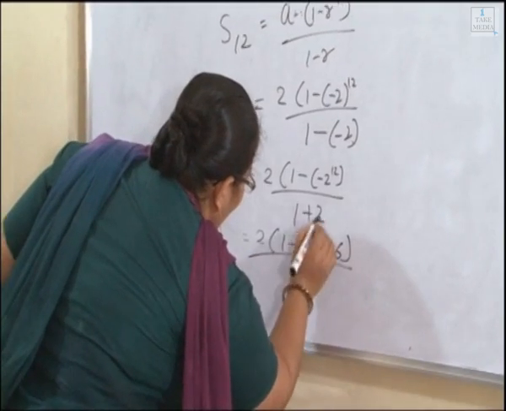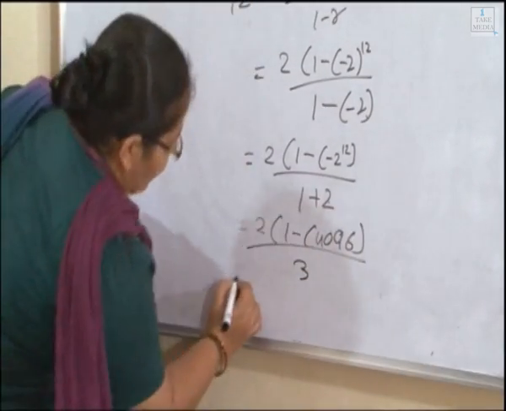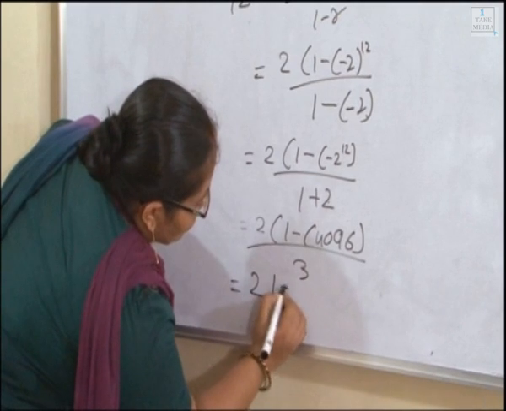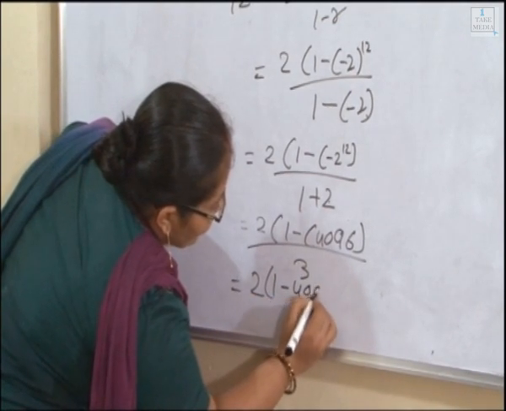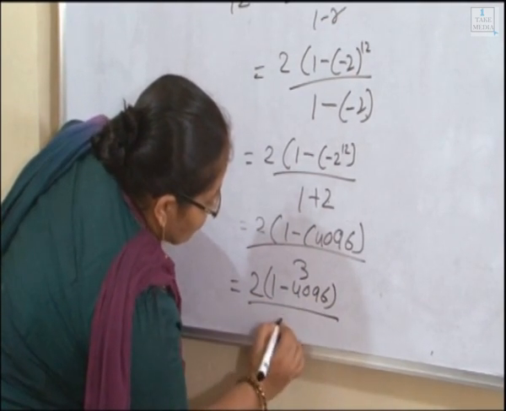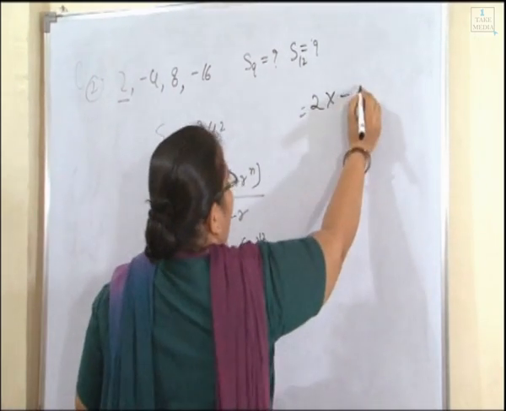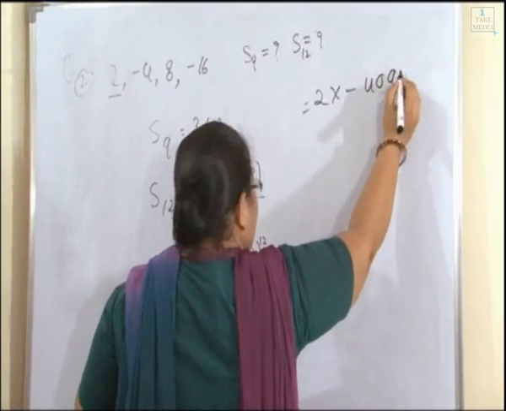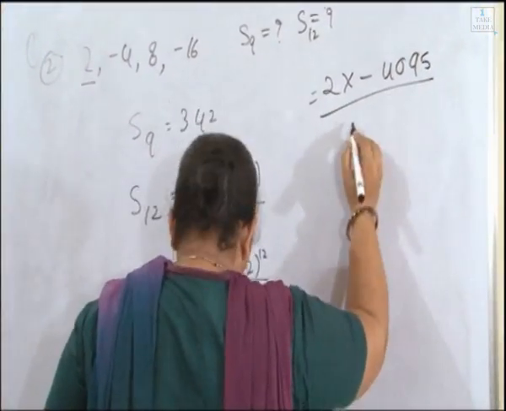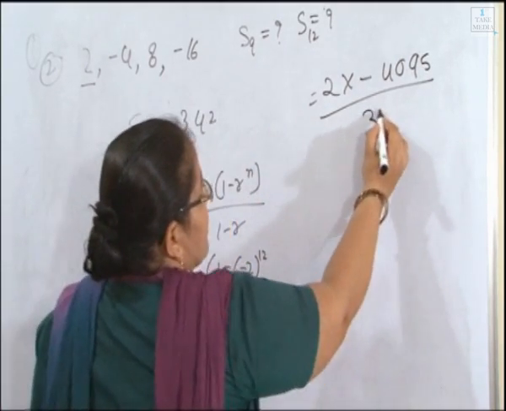4096. Okay, 2 plus 1 is 3. So 2 times 1 minus 4096 upon 3 equals 2 into minus 4095 upon 3. We will cancel this by 3.